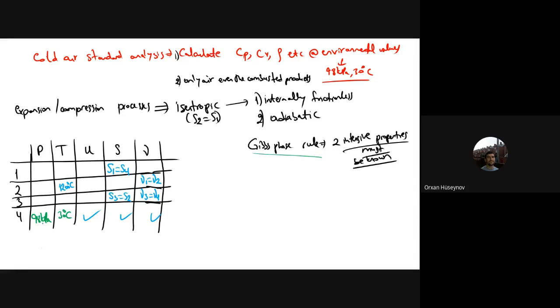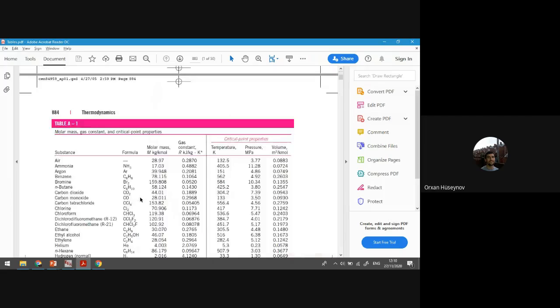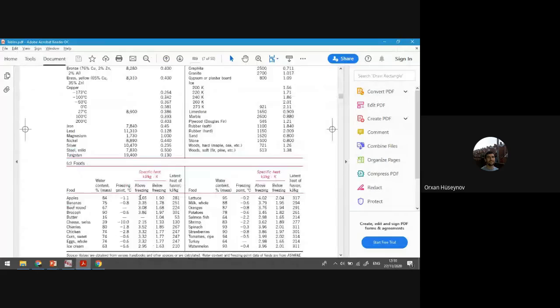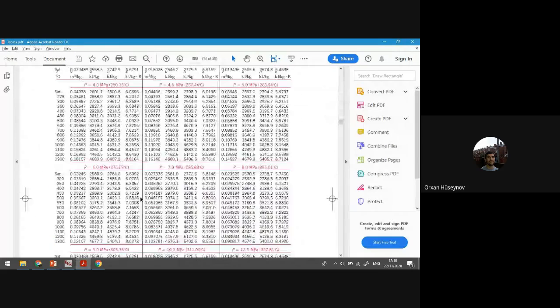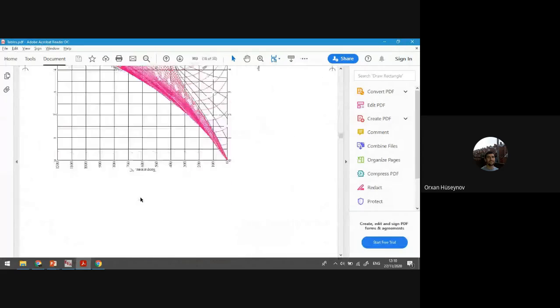Okay. Firstly, let's start from state 4, and let's find the unknown values for state 4, and then see what happens at our next stage. First, the internal energy. I will go to the chart for air. So you are always working with air. Table A17 or 18 should be.